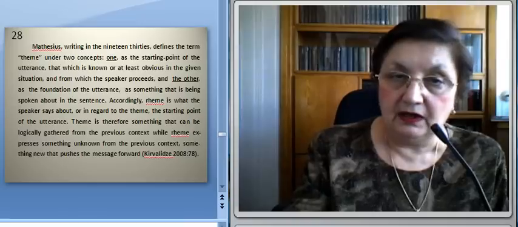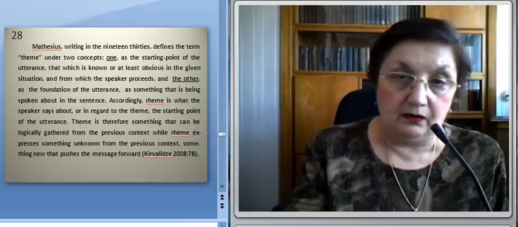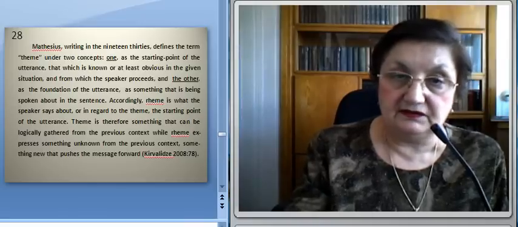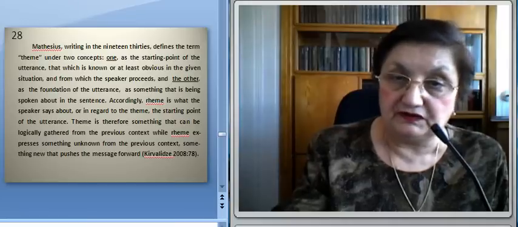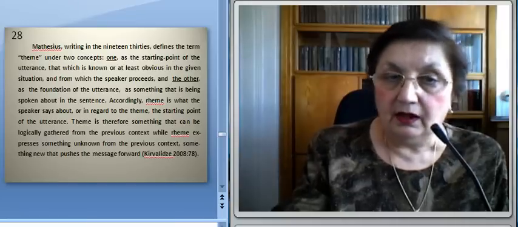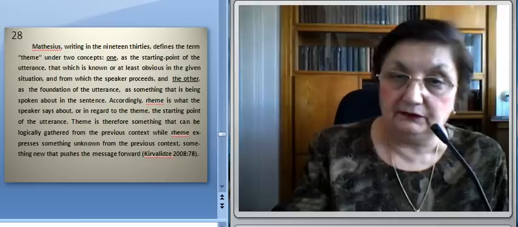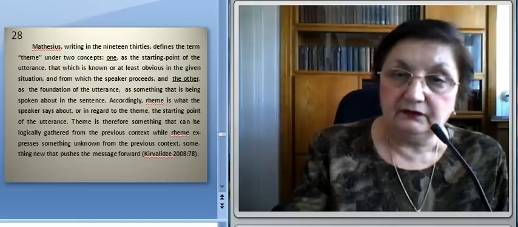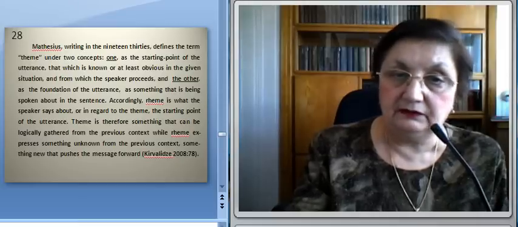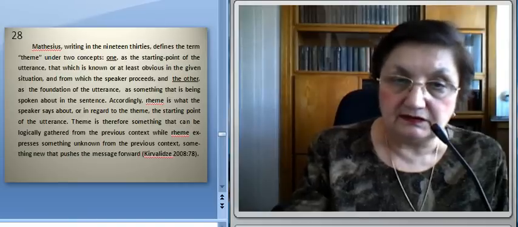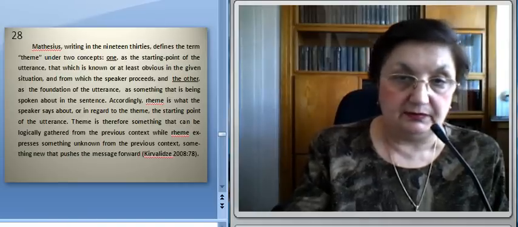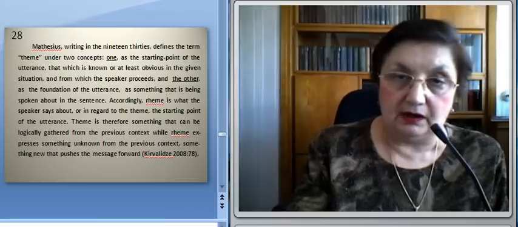Accordingly, rheme is what the speaker says about or in regard to the theme. Theme is, therefore, something that can be logically gathered from the previous context, while rheme expresses something unknown from the previous context, something new that pushes the message forward.